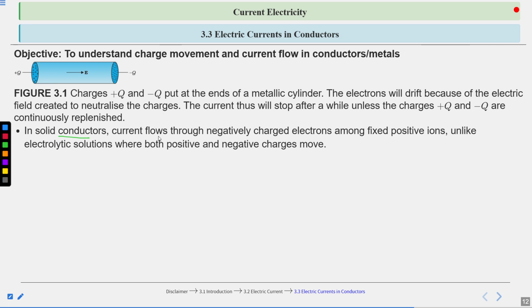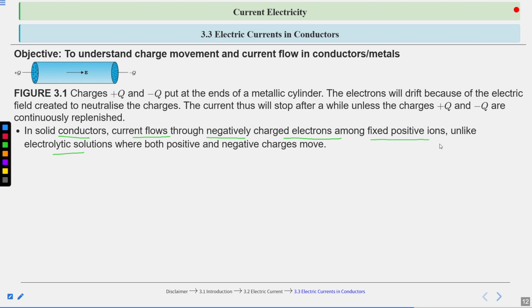In solid conductors, current flows through negatively charged electrons among fixed positive ions, unlike an electrolytic solution. In solid conductors, only negative charge, only electrons, flow. The positive ions are not free, they are stationary or bound to each other.